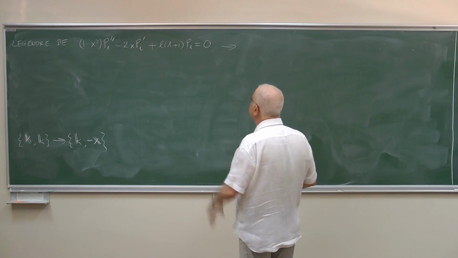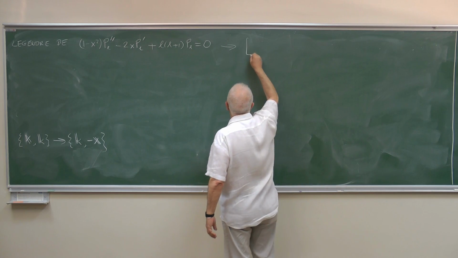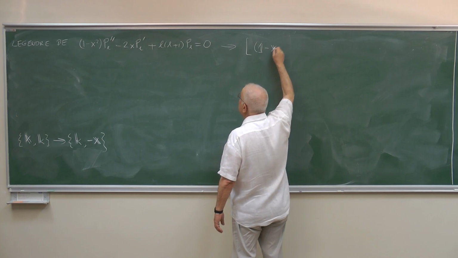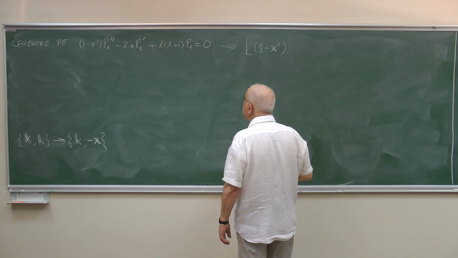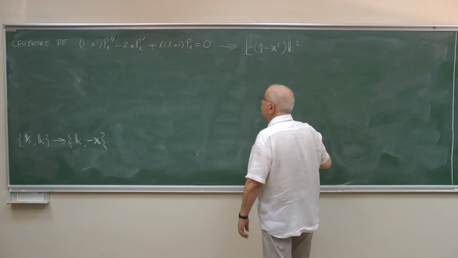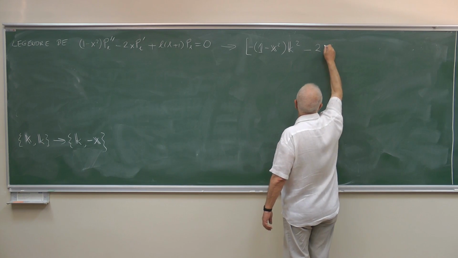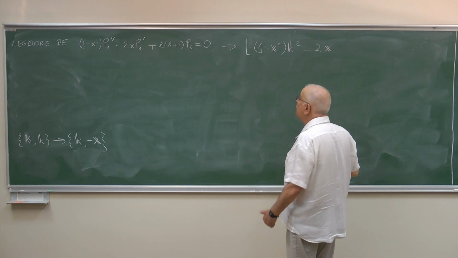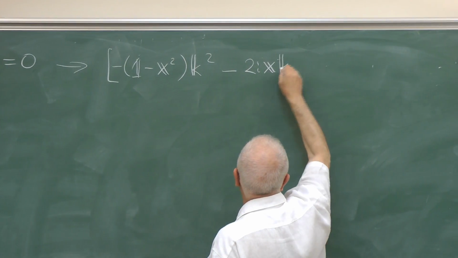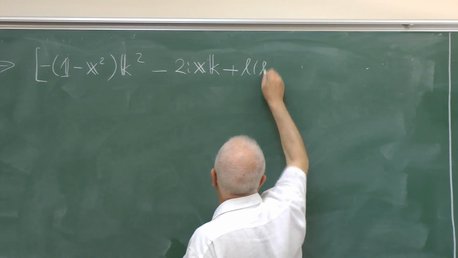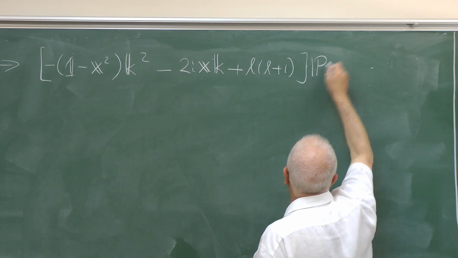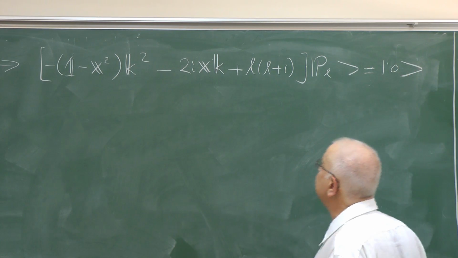From the concrete differential equation to its more abstract form: parenthesis 1 minus x operator squared, then the second derivative, which is minus k squared, then minus 2x, then the first derivative, which is i times k, then L times L plus 1, close, P_L is 0.